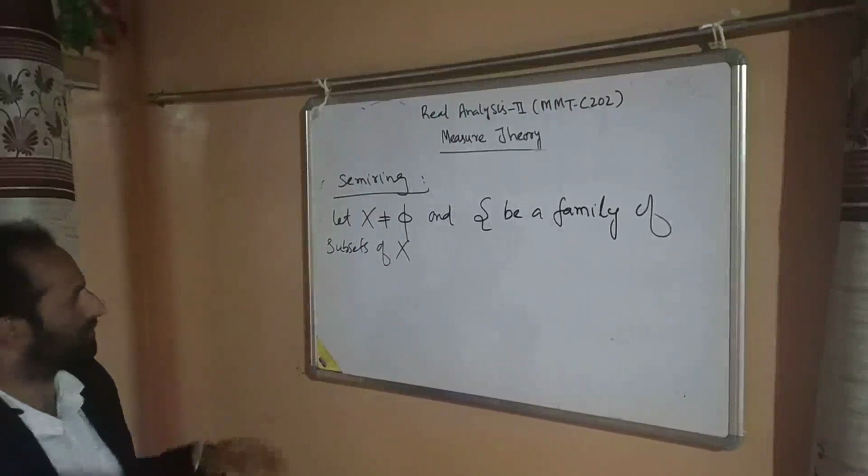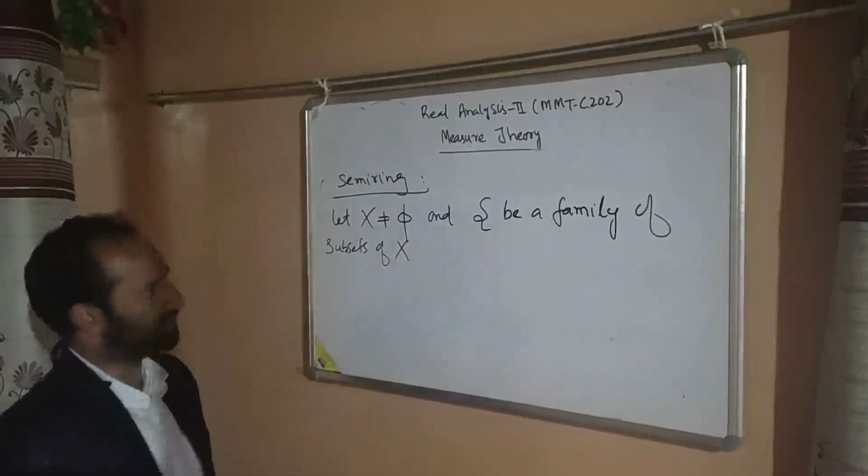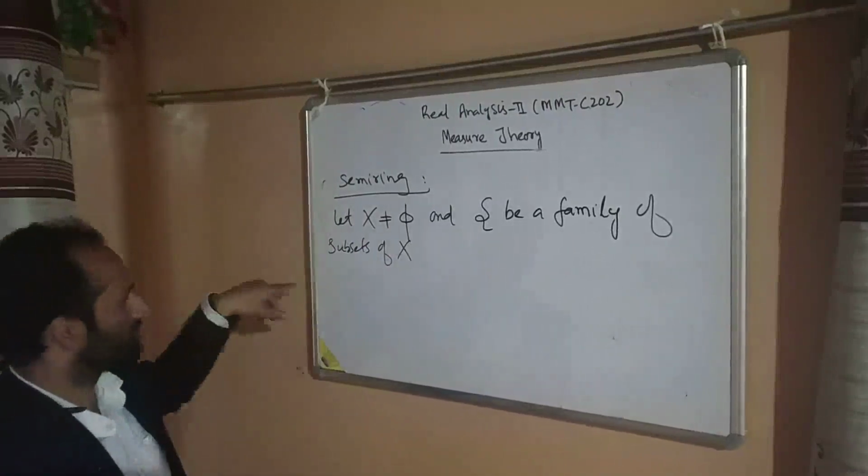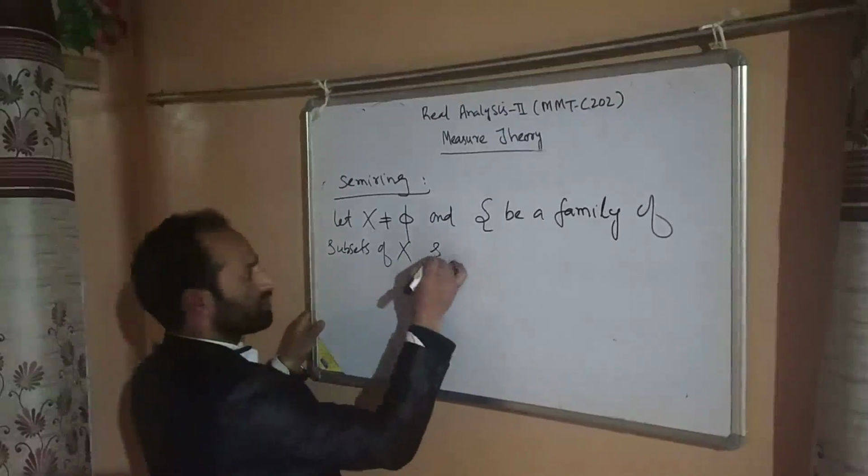So here X is a non-empty set, and S is a family of subsets of X satisfying the following properties.